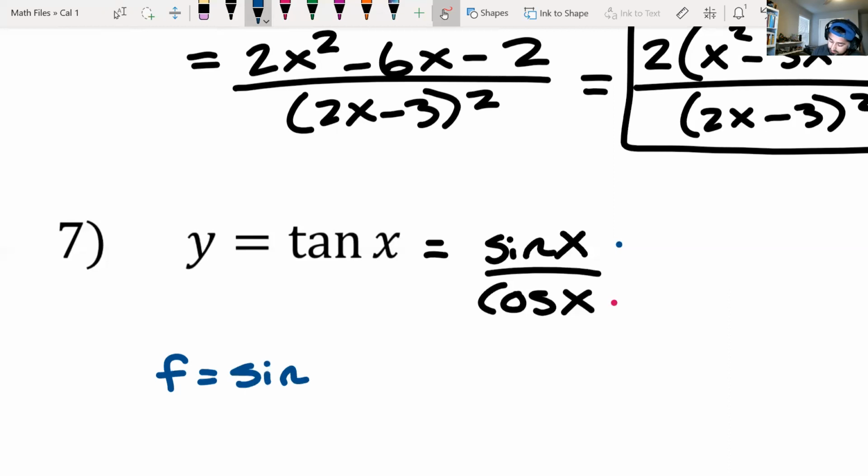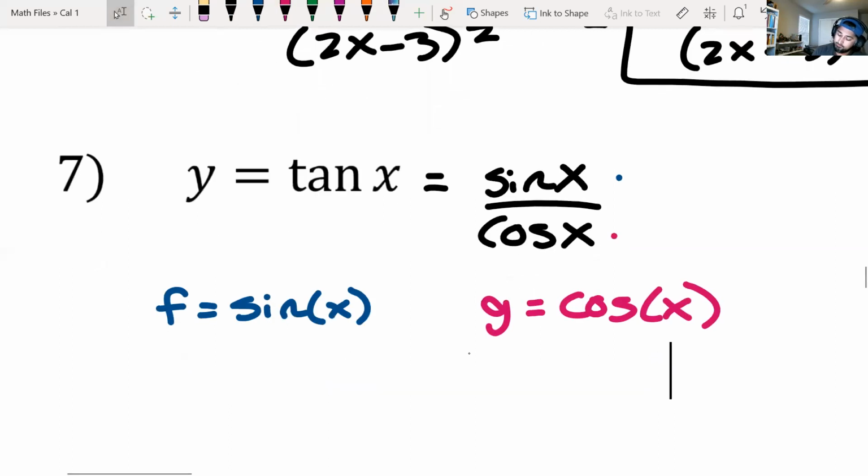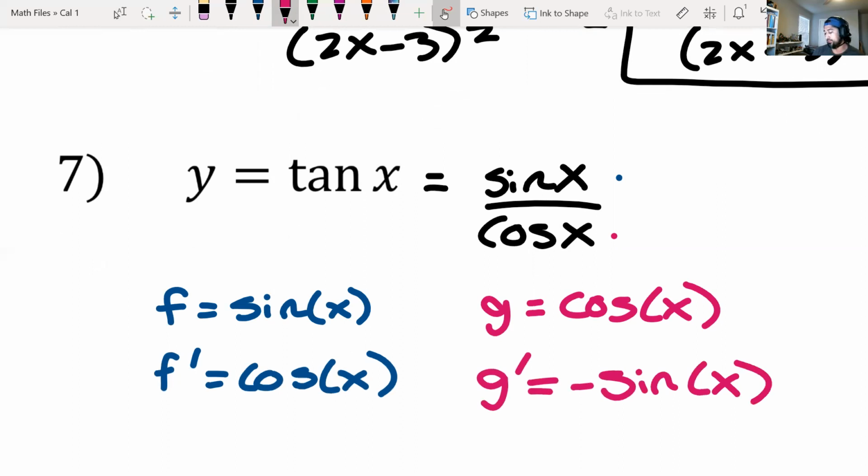So f is the sine of x, g is the cosine of x, and then f prime is cosine, and g prime is negative sine of x.